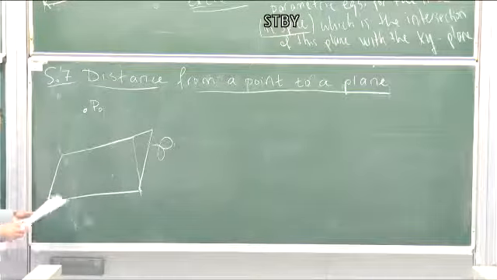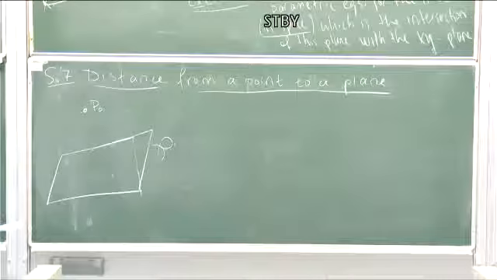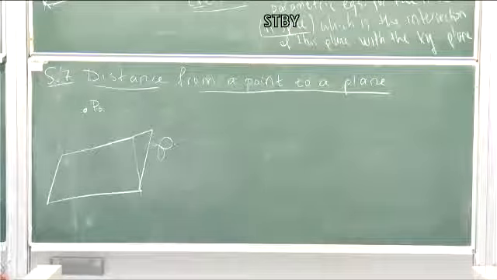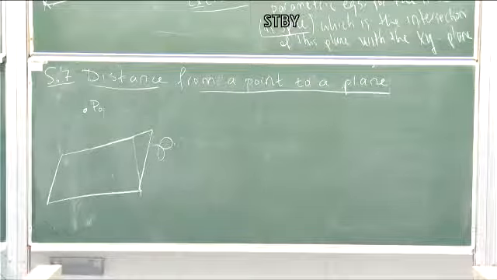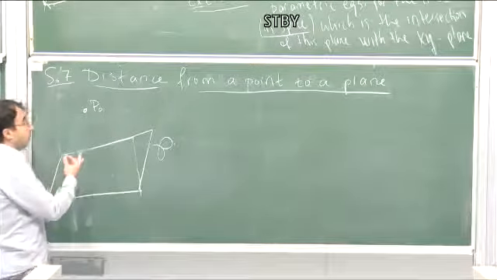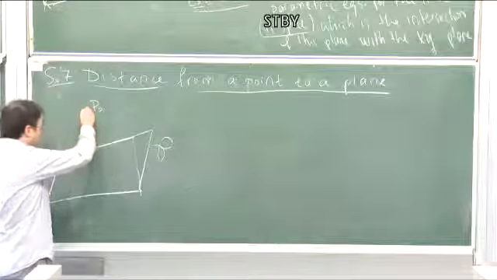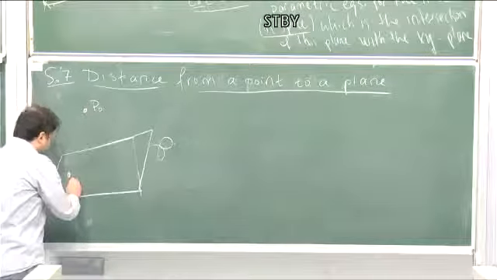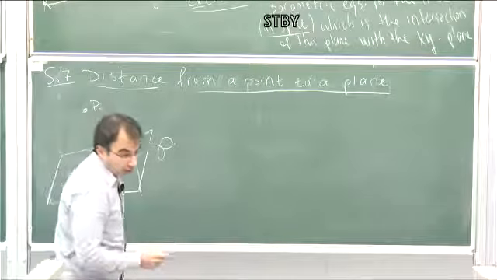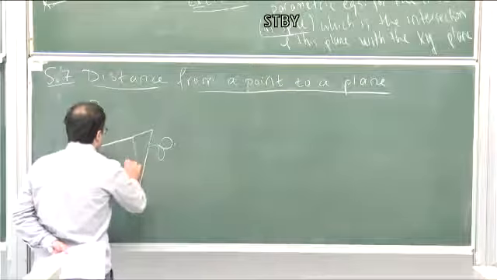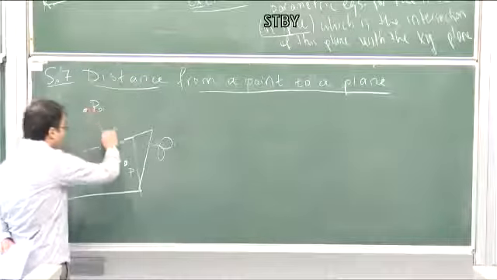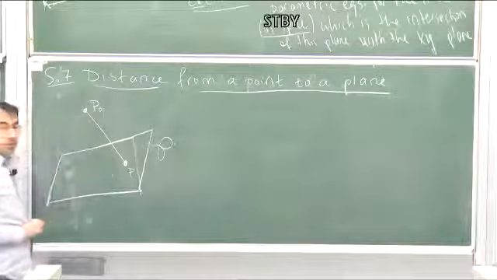So first, we should be clear about what we mean by distance from a point to a plane. We normally know distance from a point to a point, right? So what can we mean by a distance from a point to a plane? If we consider any point P, then we have a distance between P0 and P, right?